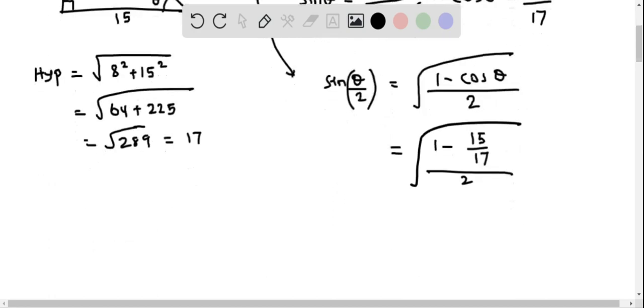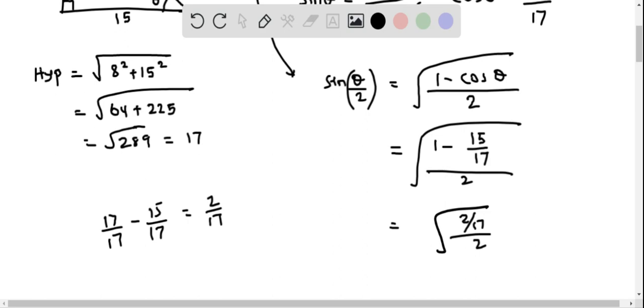I can write 1 as 17 over 17 minus 15 over 17. So this is equal to 17 minus 15 is 2 over 17. So in the numerator we have 2 over 17 divided by 2, and we have to take the square root. So this equals 2 over 17, and dividing by 2 we can write as multiplying by 1 over 2.